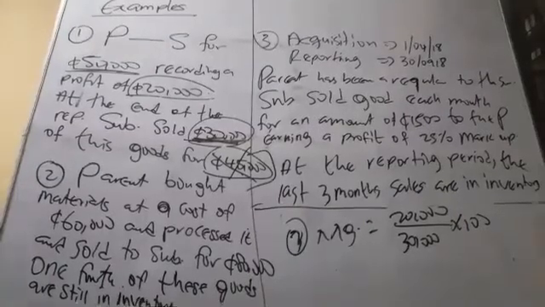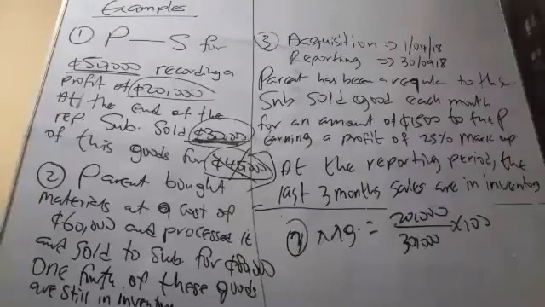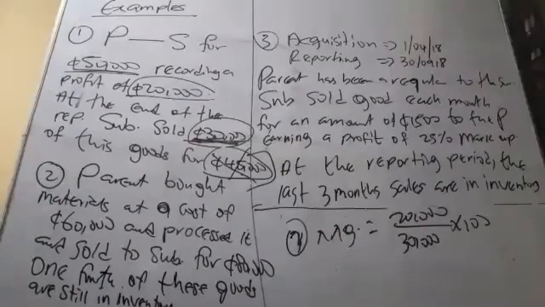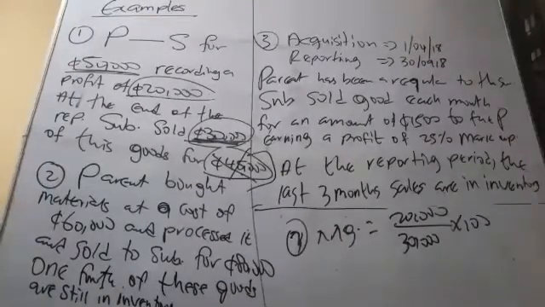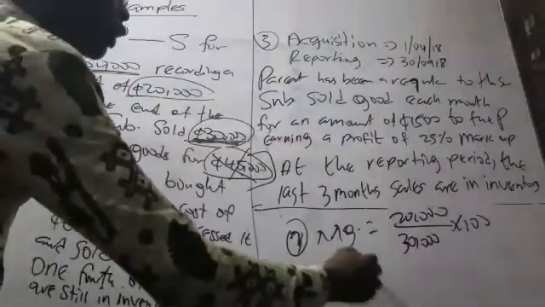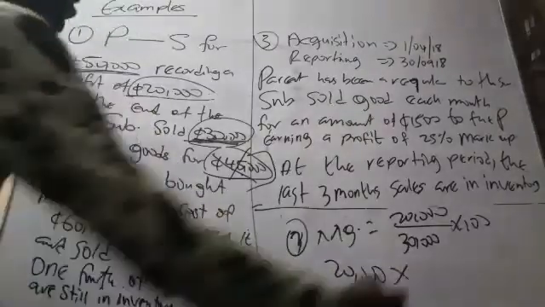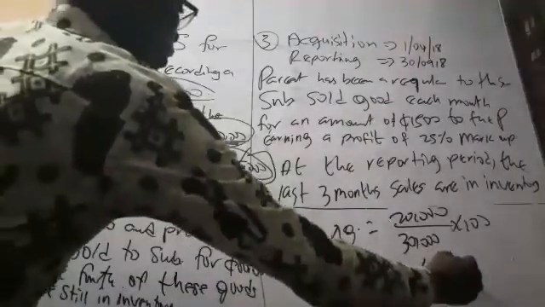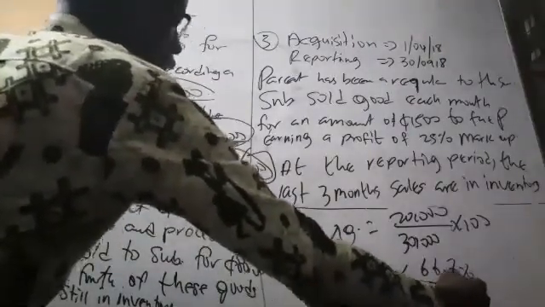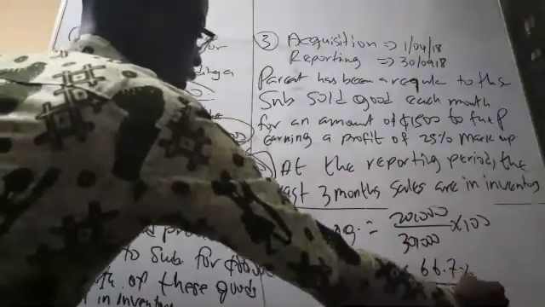And this one will give us 66.67%, right? Yes, 67%. And to start, goods left in inventory, 20,000 times 66.67%, all divided by 166.7%.